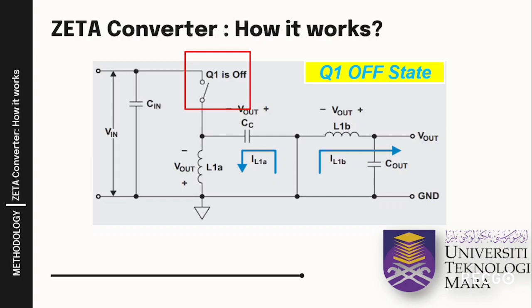Hence, when Cout is charged to Vout, the voltage through L1A is equal to negative Vout, similar to the drain of Q1. On the other hand, when Q1 is on, capacitor CC charged to Vout is connected in series with L1B, so the voltage through L1B is positive Vin, and diode D1 equals Vin plus Vout.